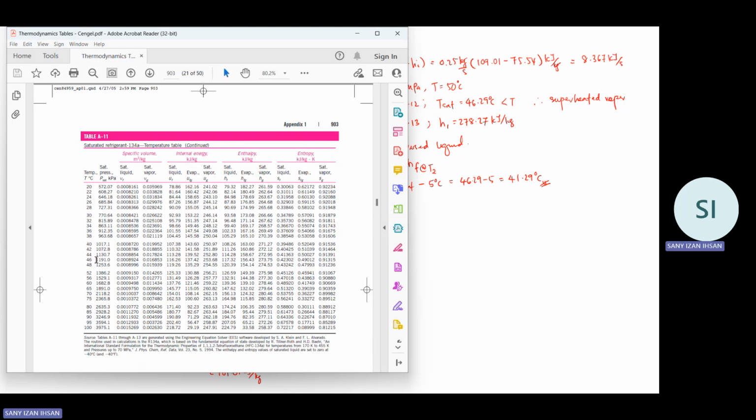Again, we have to interpolate. We have 40 and 42. You are interested in the Hf, the saturated liquid condition.